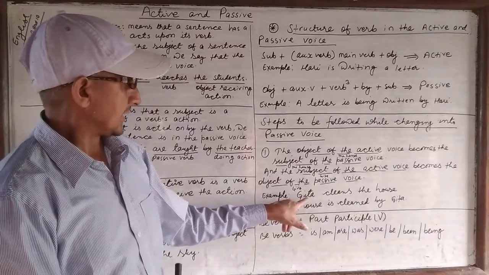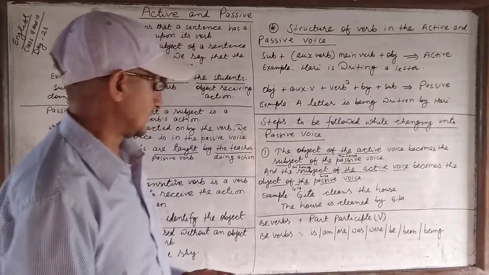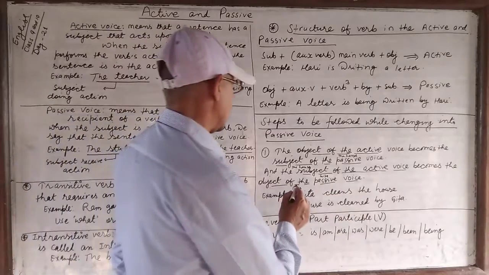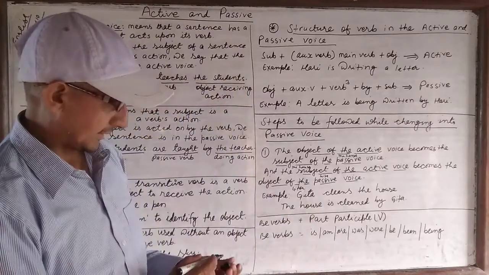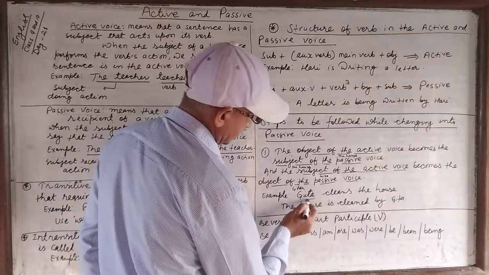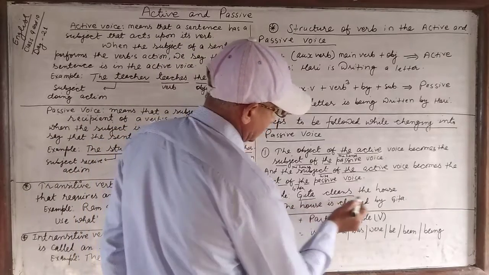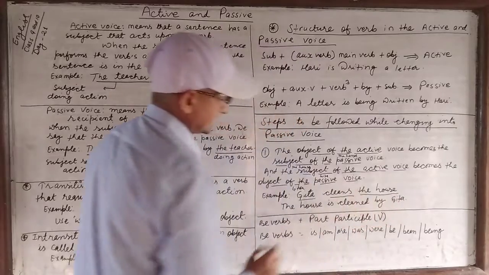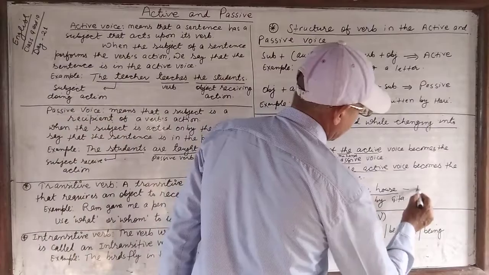Example: Gita cleans the house. Gita is the subject, cleans is the verb, the house is the object, and this sentence is in active voice.